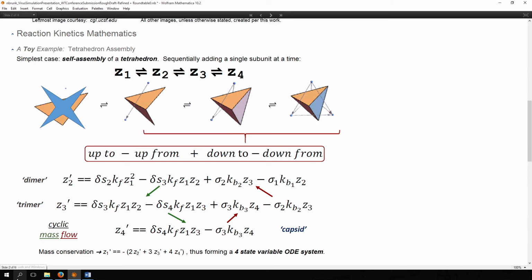So the left-hand side is just the rate of change, as in any differential equation model, and you have essentially cyclic mass flow with the green arrows representing forward mass flow towards the target goal of, in this case, Z sub 4, where the subscript just represents the subunit size.